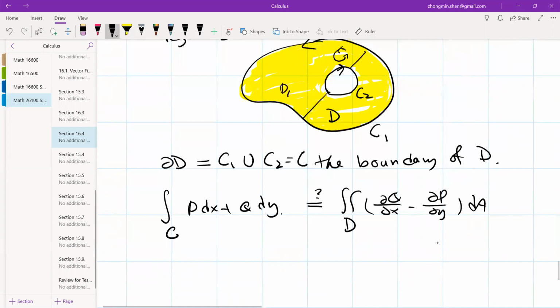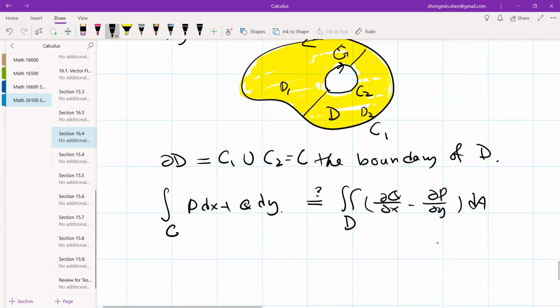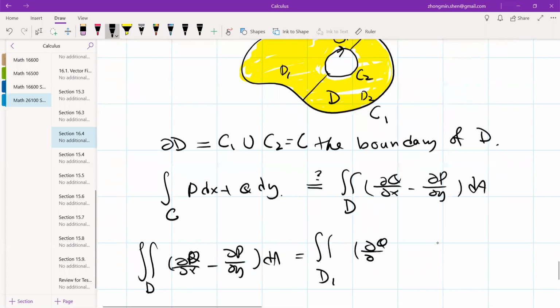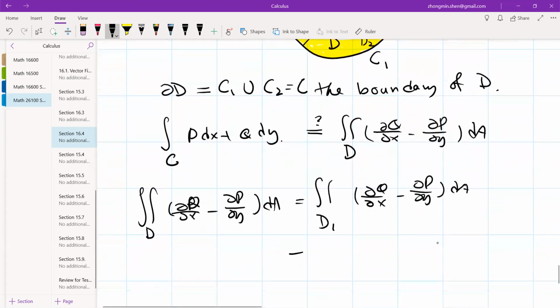So this is called D1, that's called D2. All right, so let's go backward, okay? So the double integral over D can be divided into two double integrals, one on D1, the other on D2.